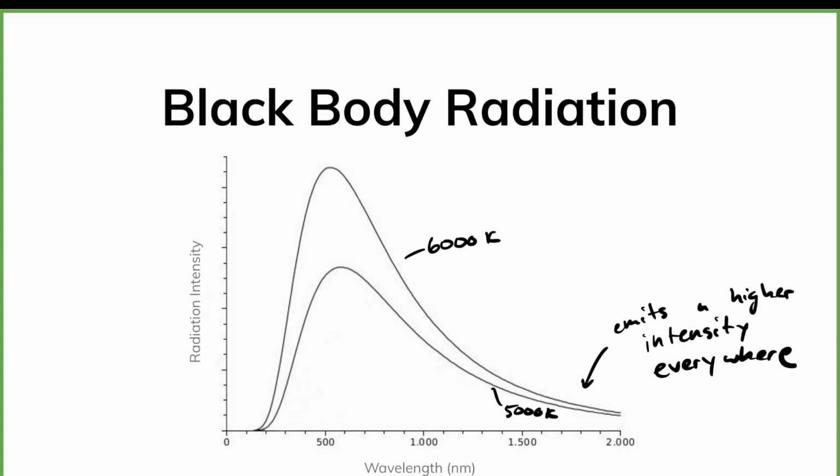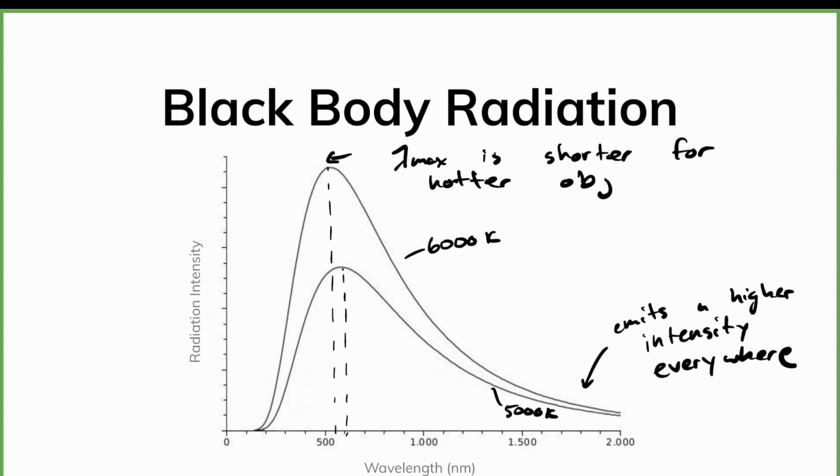And then you'll notice that the maximum wavelength, the lambda max, is now shorter. So the maximum wavelength is shorter for hot objects. So as the temperature goes up, the peak wavelength goes down.